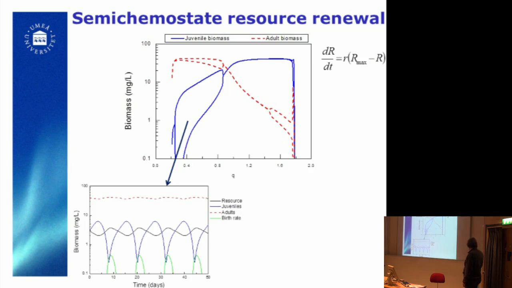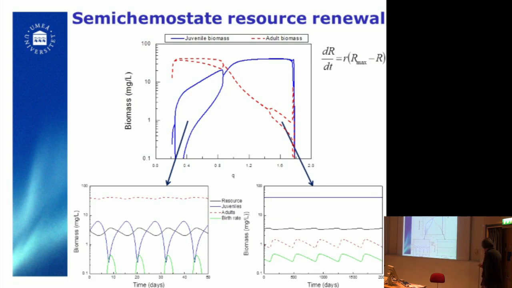If we have Q larger than 1 here, we also get cycles, but they look different because, as for community structure, in this case adults are superior. We can see first that reproduction varies, but it is present all the time. So they are quite different. In the previous case, it was a strong cohort of juveniles that dominated the system.